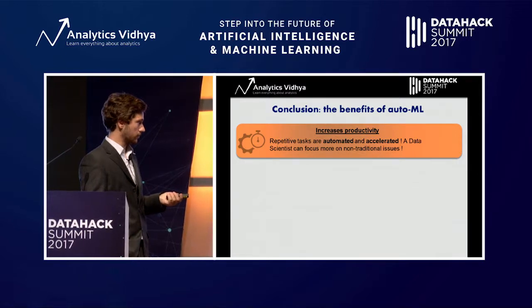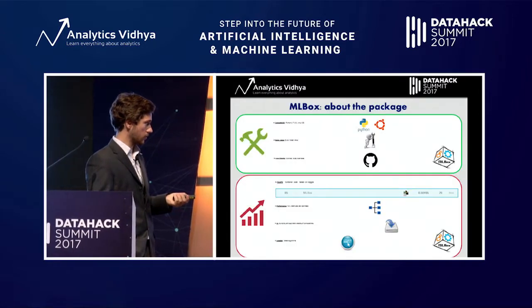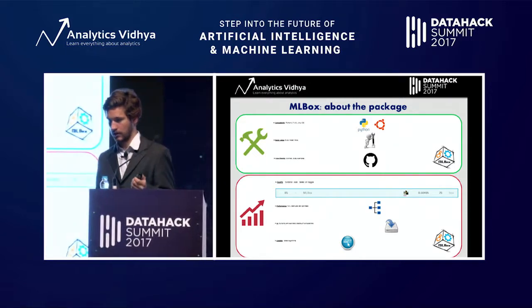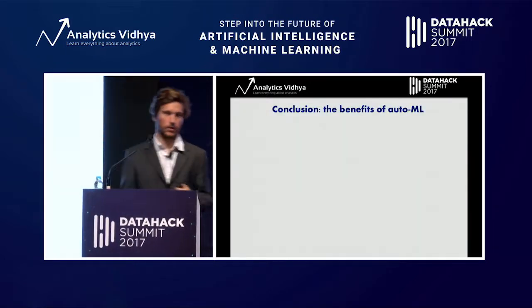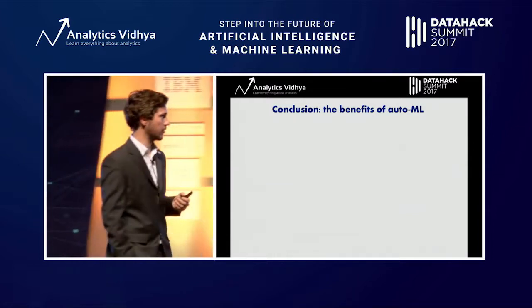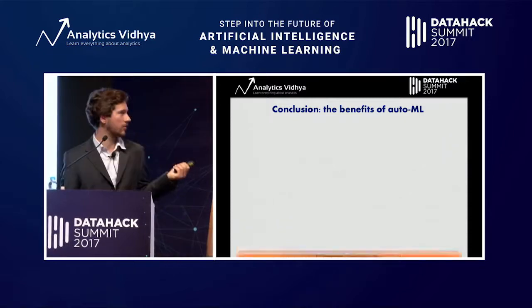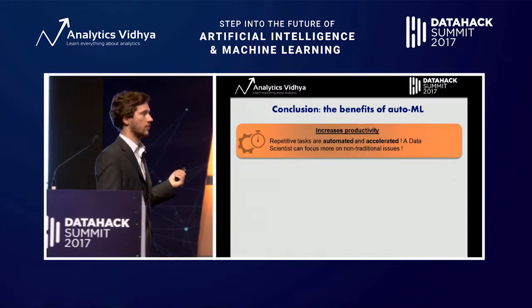Okay, so the last points I would say is, let me conclude about the benefits of automated machine learning. Maybe you have understood the first point, that is to increase productivity.